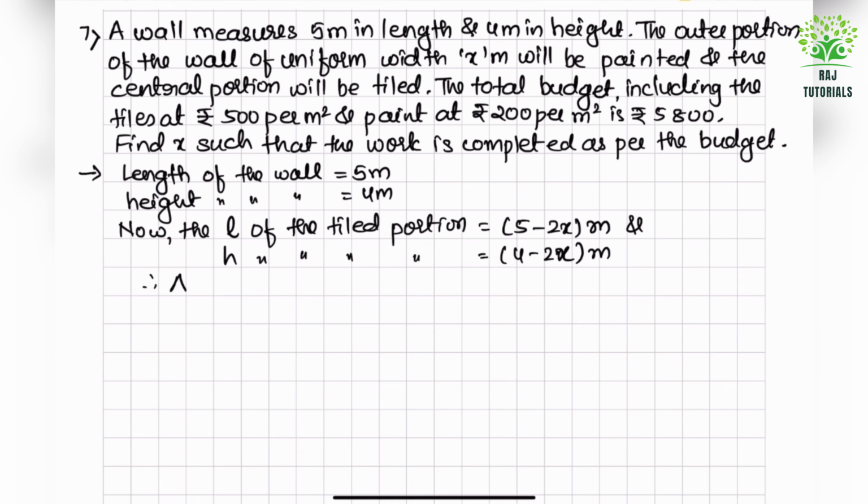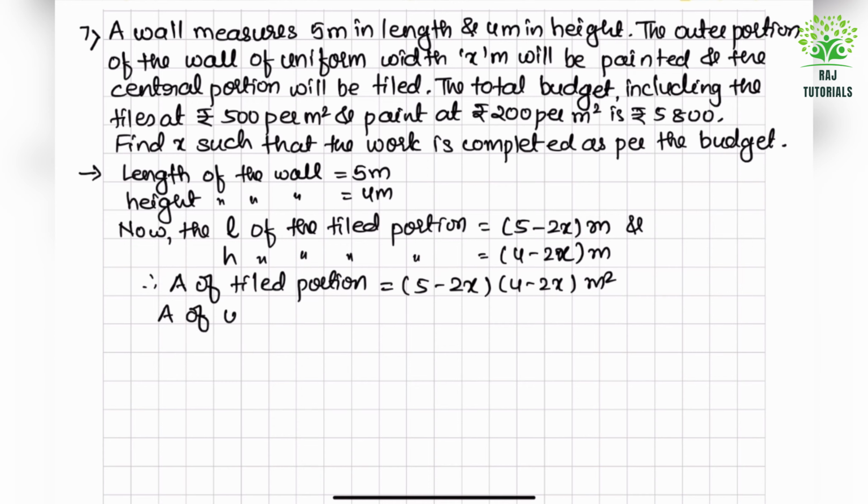Therefore, area of tile portion will be equal to (5 minus 2x) into (4 minus 2x) meter square. Area of wall is 5 into 4, that is 20 meter square.